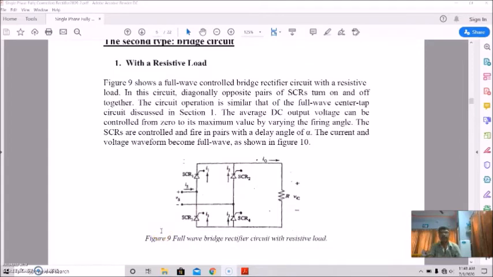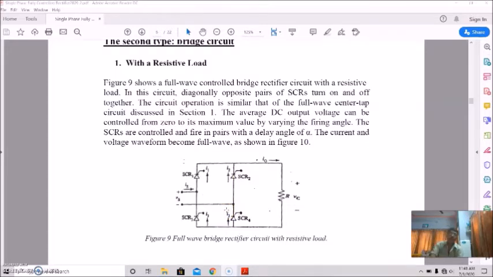So it is a full wave controlled rectifier circuit. Thyristors form a bridge, and diagonally opposite thyristors are conducting at a time. For the first or positive half of the supply voltage, and for the negative half of the supply voltage, the diagonally opposite thyristors T2 and T4 will conduct.